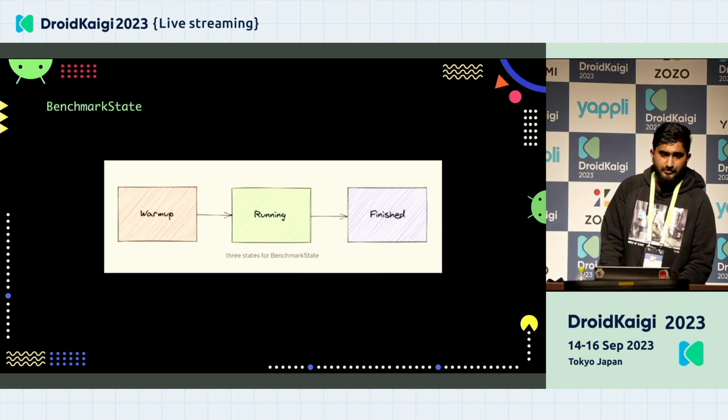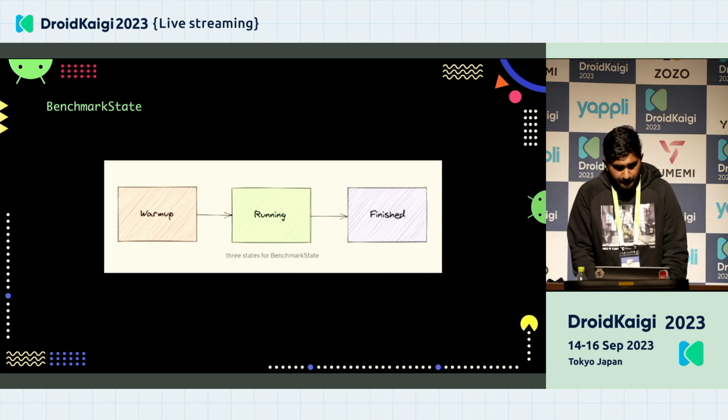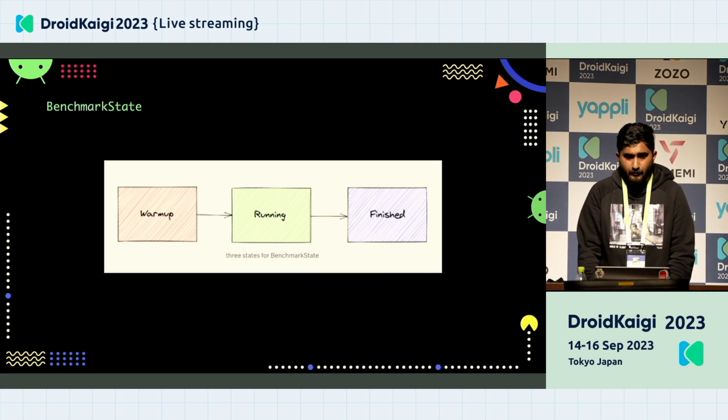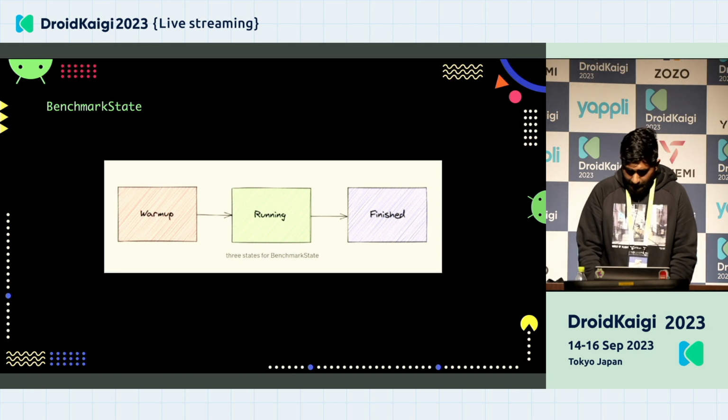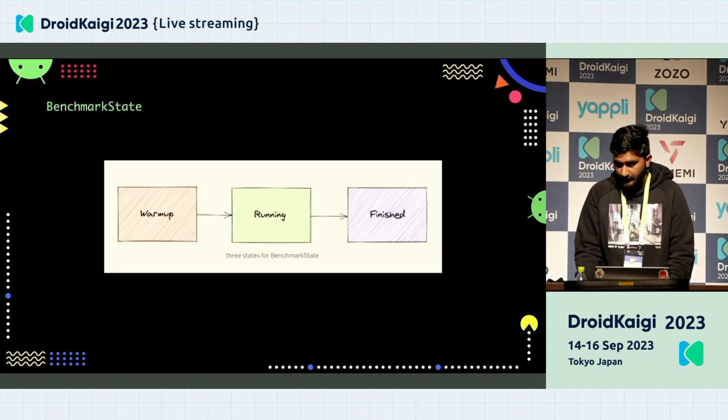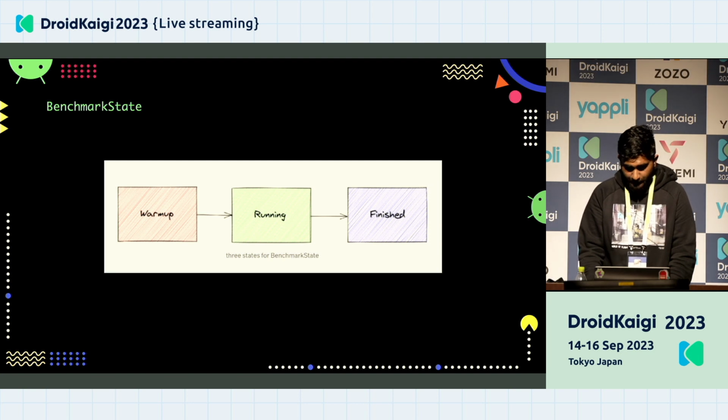Let's look at benchmark states. There are three types of states mainly: warm up, running, and finished. We can get the state by using the benchmark rule. There's a function called getState, which returns the state of benchmark. In the warm up state, the code under benchmark will be run multiple times. And when slow exponential moving average approaches the fast exponential moving average, the warm up state will transfer to the running state.